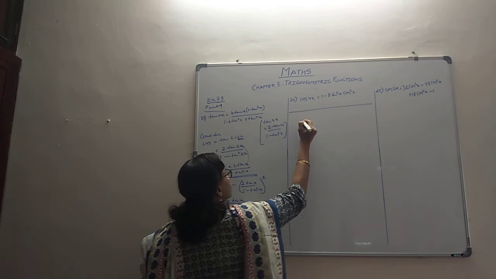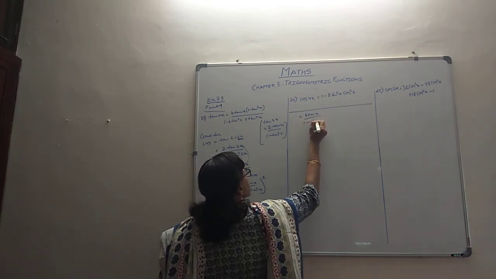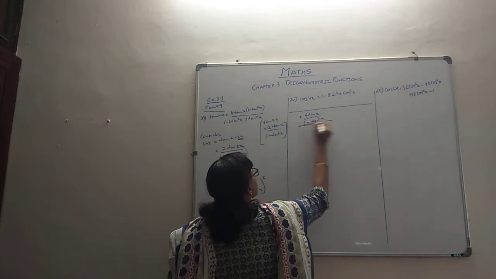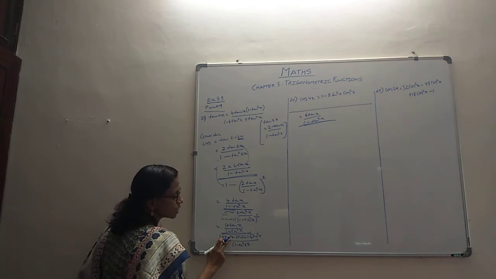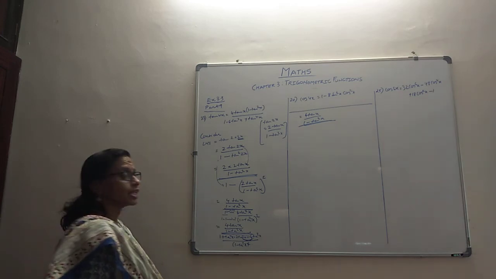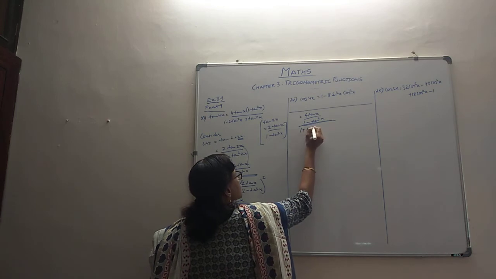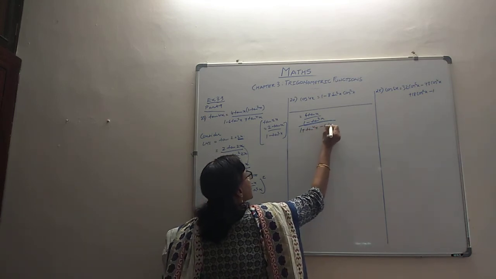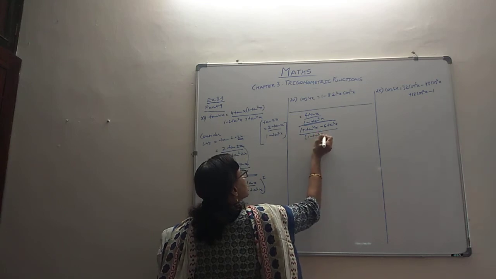So you have it like 4 tan x by 1 minus tan squared x. And in the denominator, let's see the solving. 1 plus tan raised to 4x minus 2 tan squared x minus 4 tan squared x, they are like terms. So they can simplify and it will become minus 6. So 1 plus tan raised to 4x minus 6 tan squared x by 1 minus tan squared x the whole square.